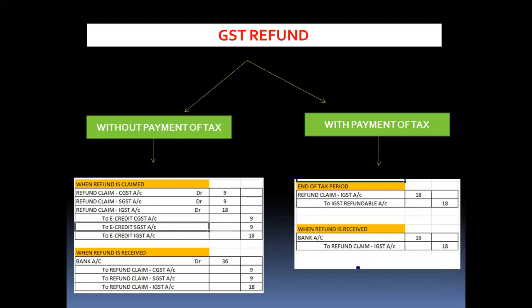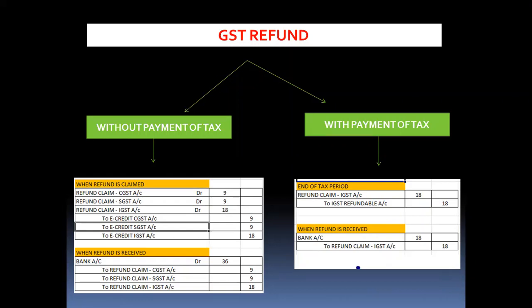When refund is claimed against exports made without payment of tax against a letter of undertaking, to the extent of refund claimed through GST RFD 01, the entry would be, when the refund is claimed, refund claim CGST account debtor, refund claim SGST account debtor, refund claim IGST account debtor to e-credit CGST account, to e-credit SGST account, to e-credit IGST account.